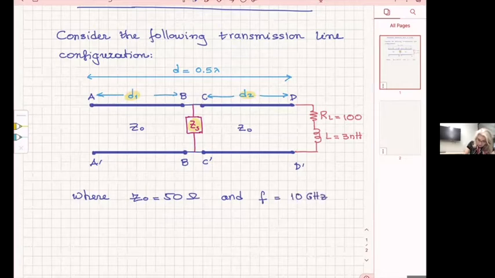All right, so find, we also have a source here. Okay, V naught, ZS.